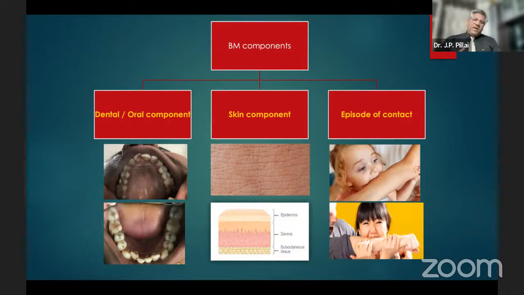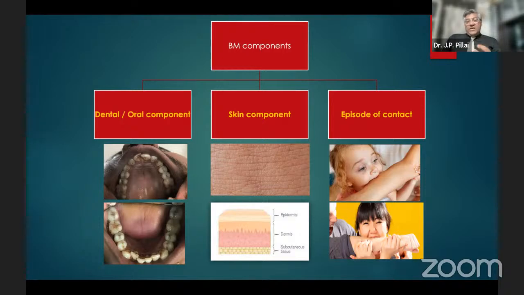So it's not like bite mark investigations are only conducted to link the perpetrator of the crime and the victim. It may also be useful to understand the episode of contact, that means from which direction the person was attacked. So that history also will be useful.